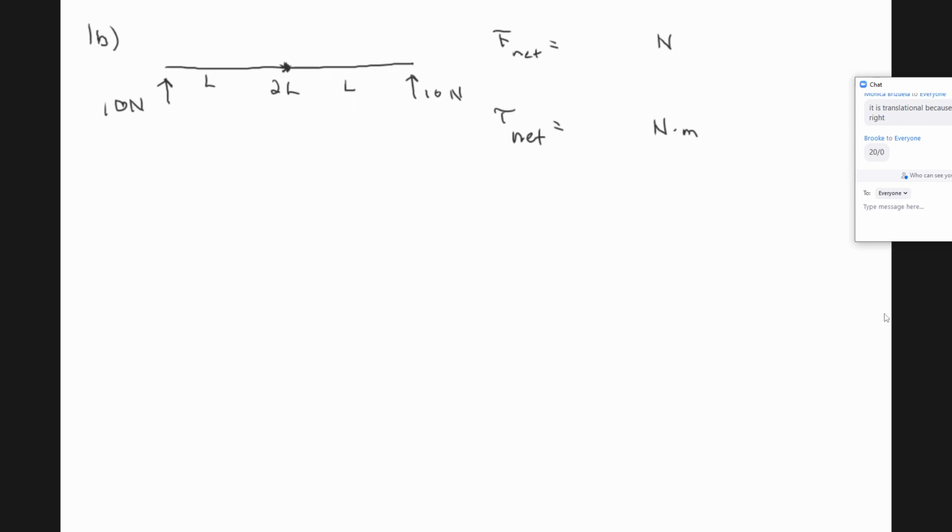So net force is going to be 10 plus 10, which is 20 newtons. Net torque, so this is going to cause this type of rotation, and this is going to cause that type of rotation, right? Same pivot point. So this one, is that clockwise or counterclockwise?